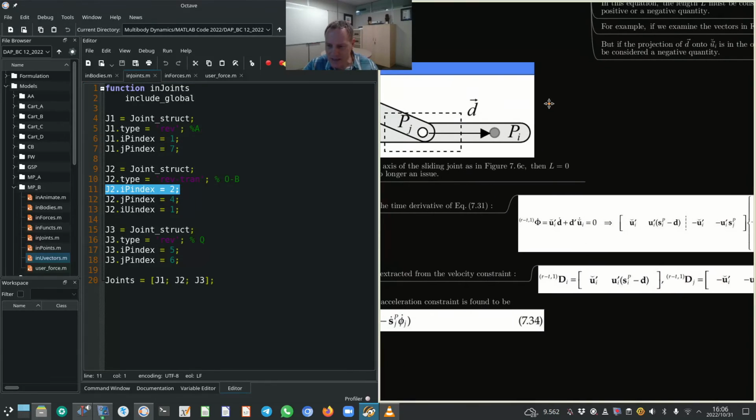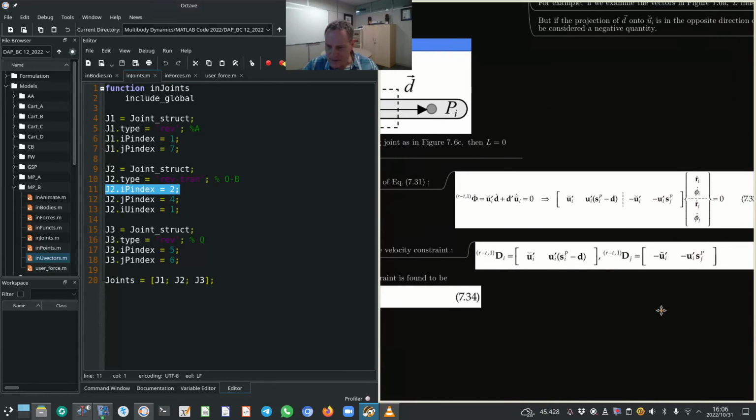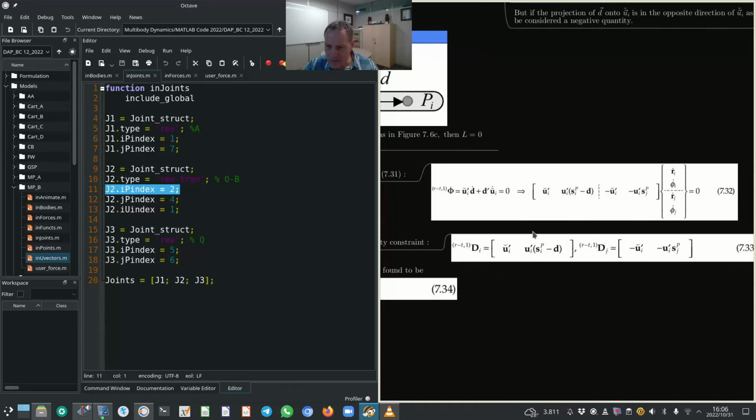Alright, so that's done, and that's the Jacobian submatrix of body I of this revolute translational joint between bodies I and J. Let's look at the Jacobian submatrix of body J of the revolute translational joint between bodies I and J. And here once again, the unit vector on body I, that's specified here, no problem.